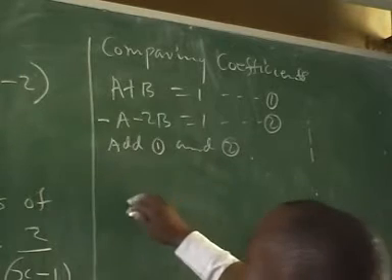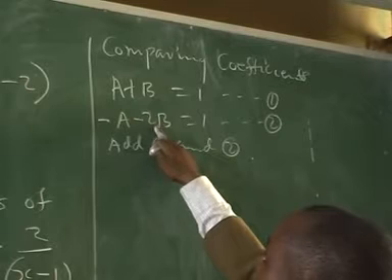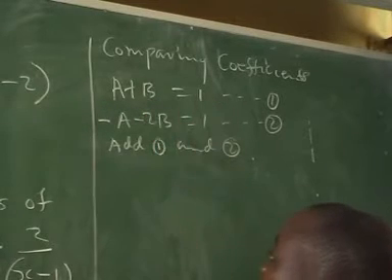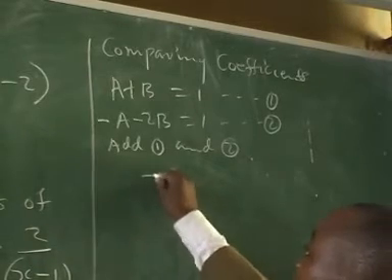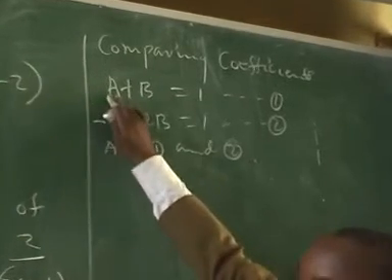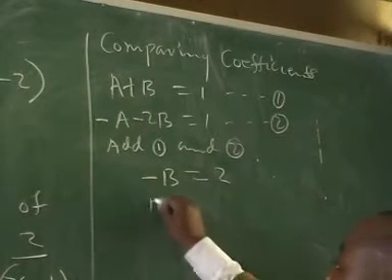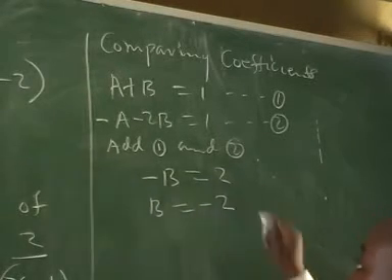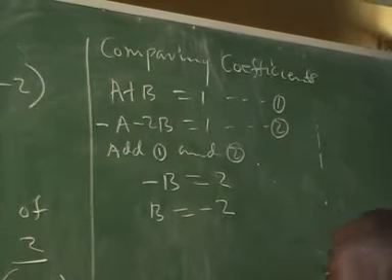If I add 1 and 2, I have minus 2b plus b will give me minus b, because the a will go. Minus b will be equal to 2, which implies that b is equal to minus 2. Have you seen that? This is the minus 2 that we have in this one.